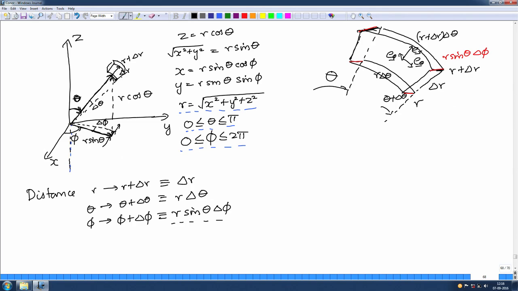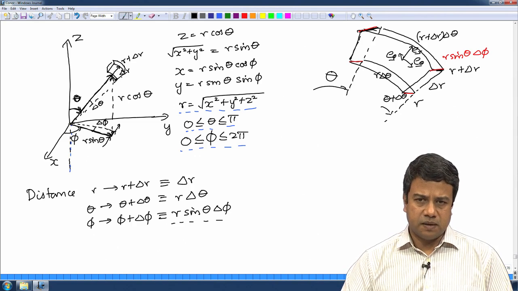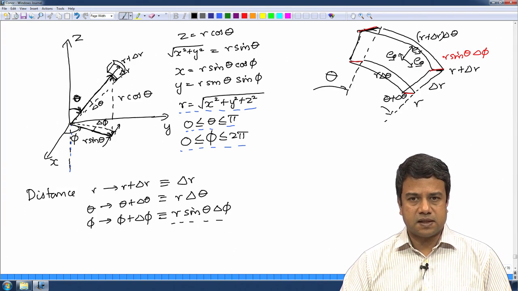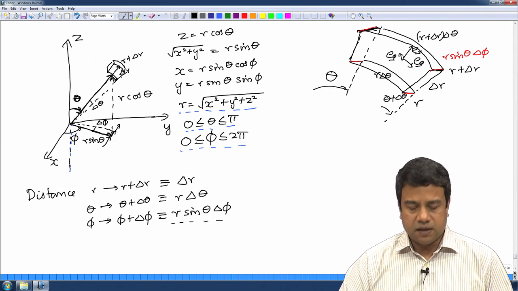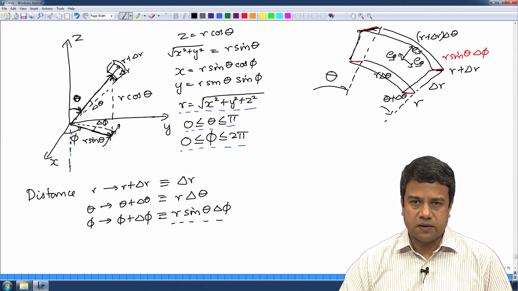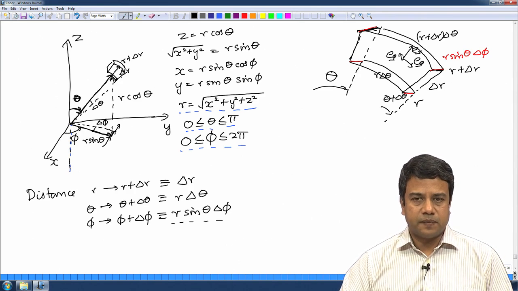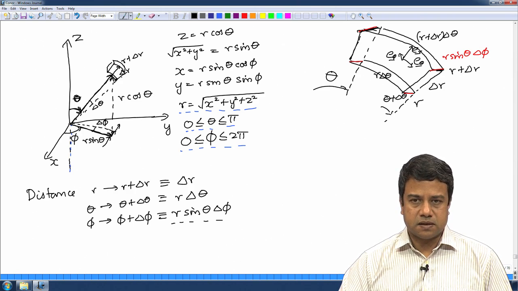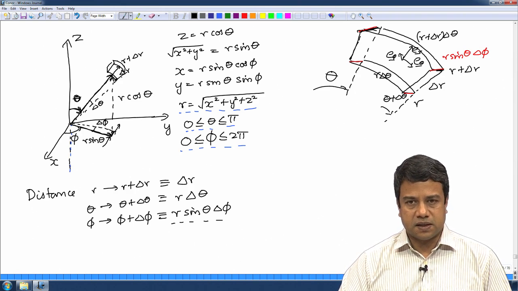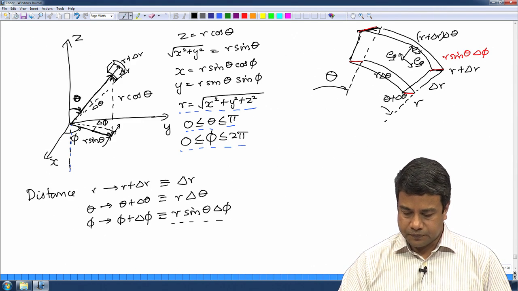You need two other coordinates, and these two are angles. The angle from the z axis, any arbitrary axis can be chosen as the z axis depending upon the symmetry of the problem, is what is called theta. So, theta equal to 0 is the plus z axis. When you go through an angle of pi, you reach the minus z axis. So, theta equal to pi is the minus z axis, and theta varies from 0 to pi.